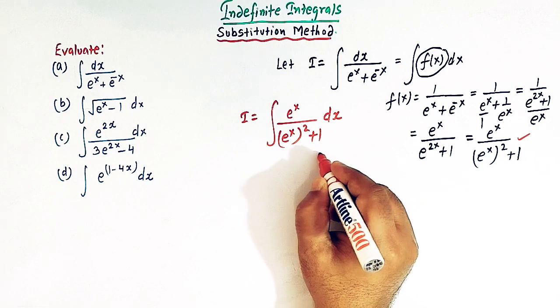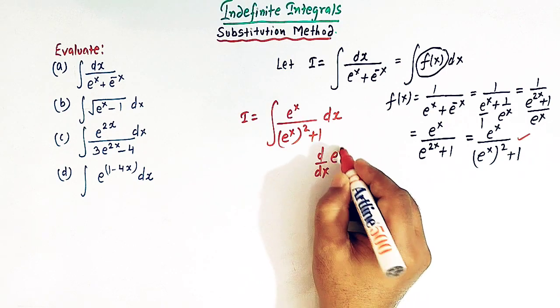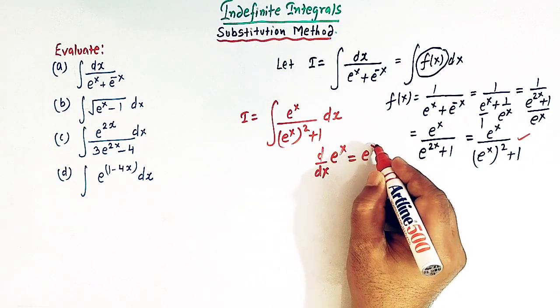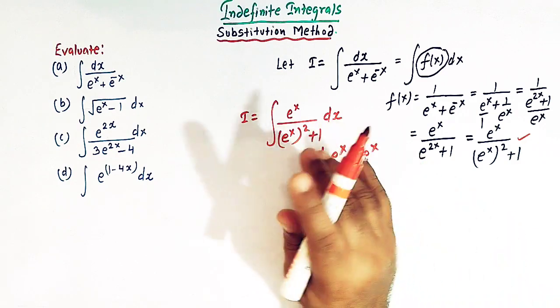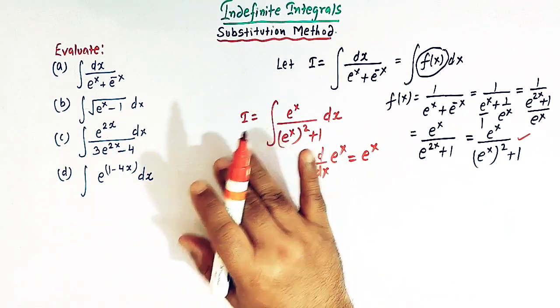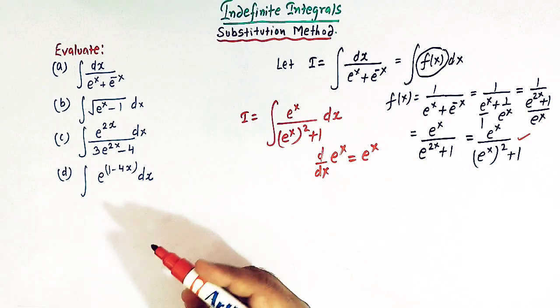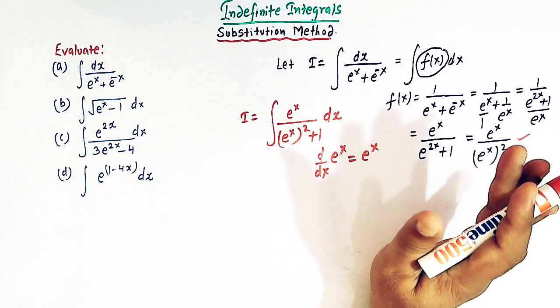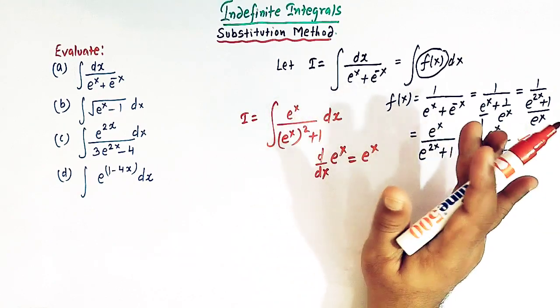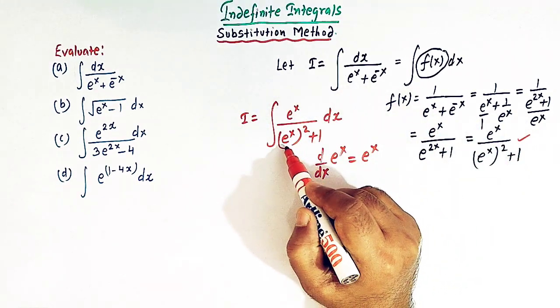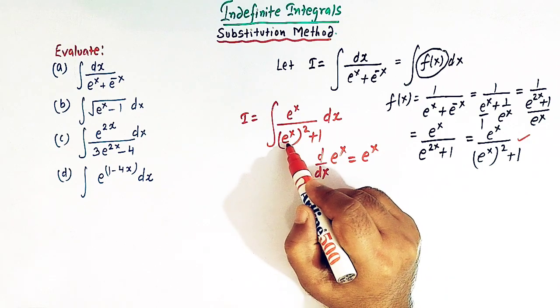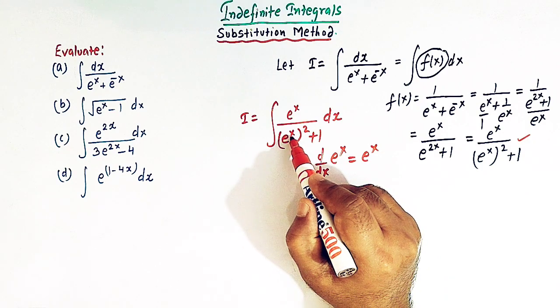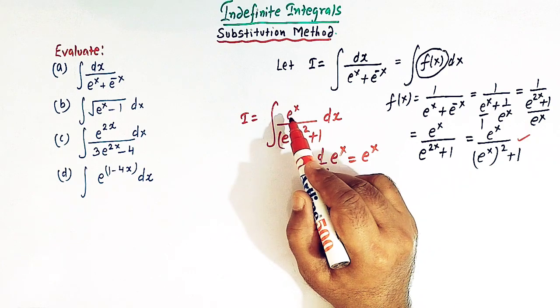The derivative of e raised to x is e raised to x itself. So whenever we do integration by the substitution method, we should have a strong observation regarding the derivatives. Here we see that the derivative of e raised to x is appearing in the numerator.